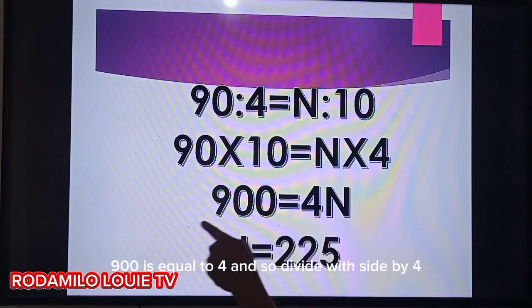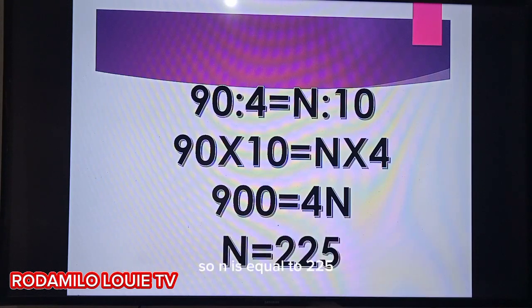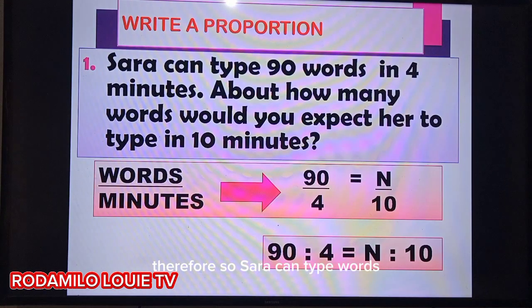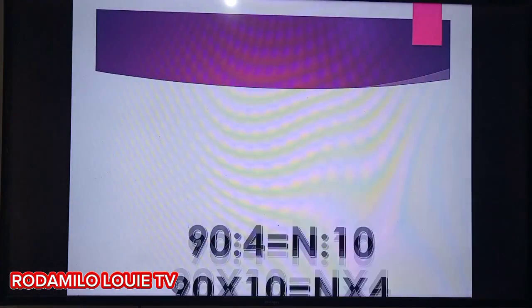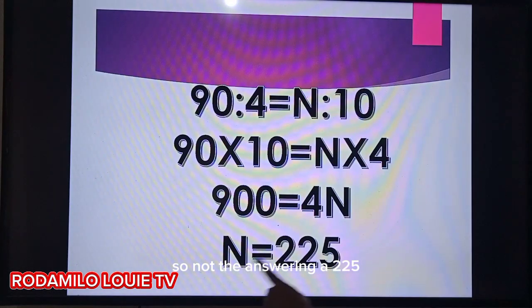Divide both sides by 4. So n is equal to 225. Therefore, Sarah can type 225 words in 10 minutes. So our answer is 225.